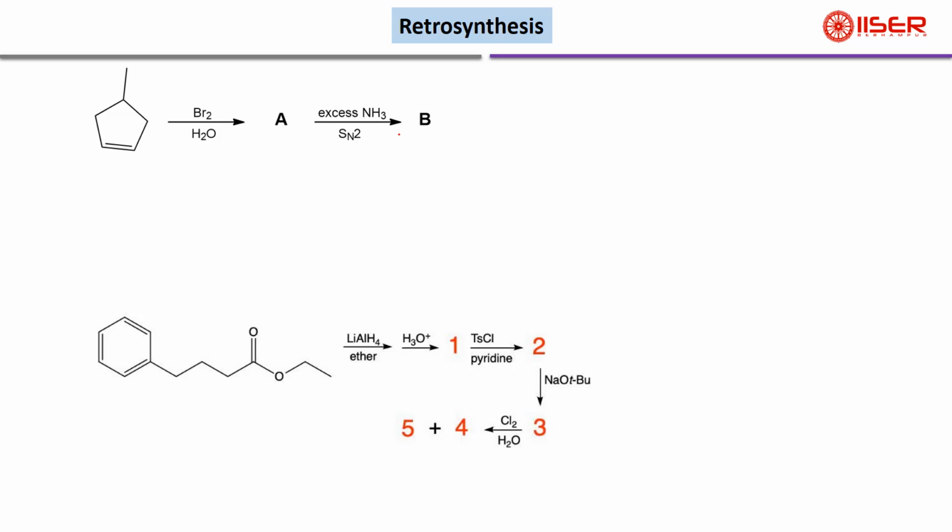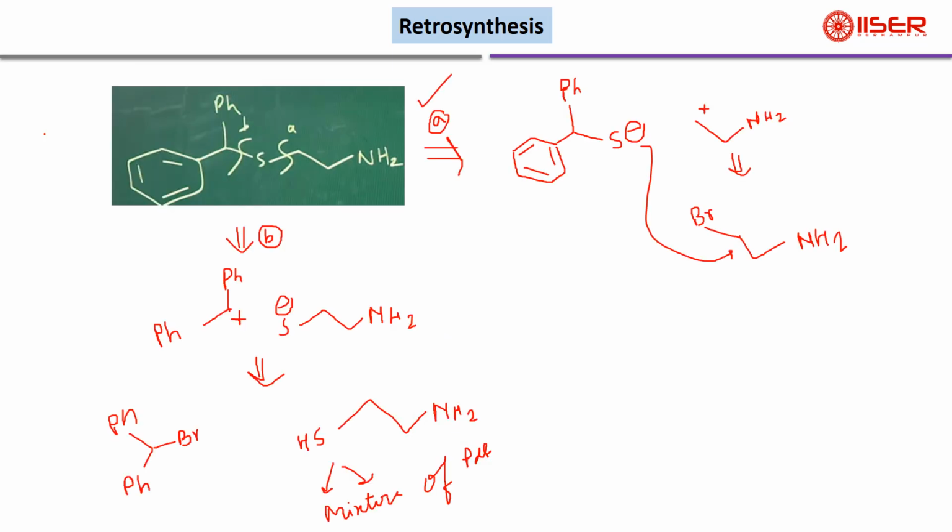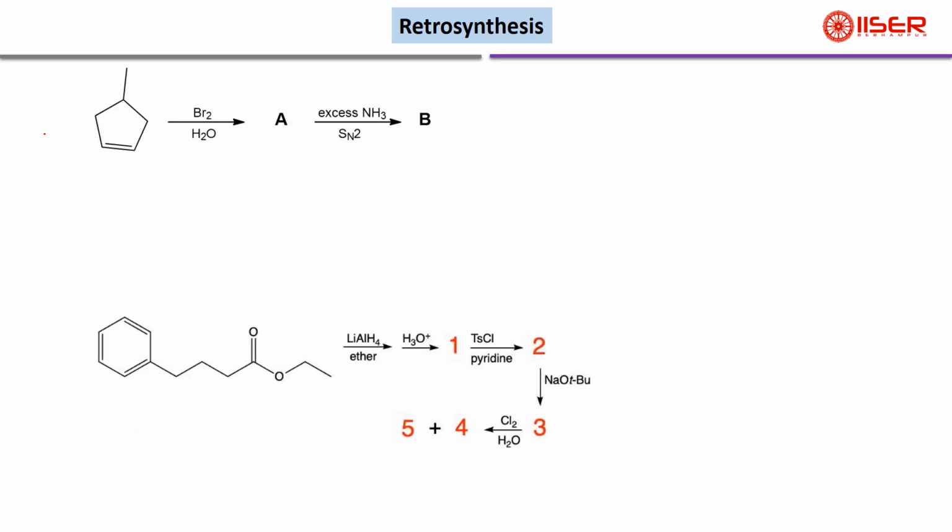What will be A and B? So I hope you have got an idea how to plan a retrosynthesis of any compound. Now we'll discuss some questions, like how to predict the products. What will be A and B?